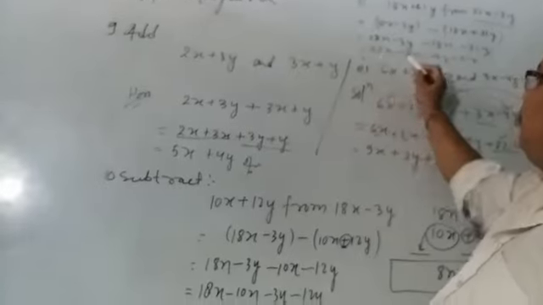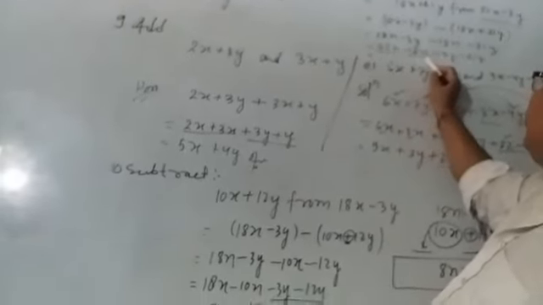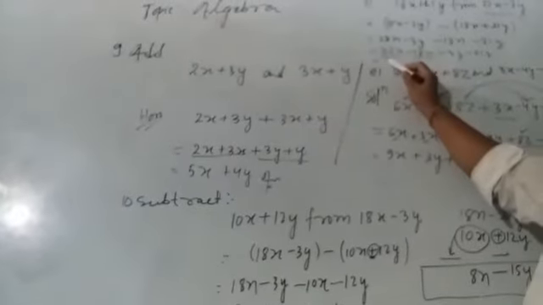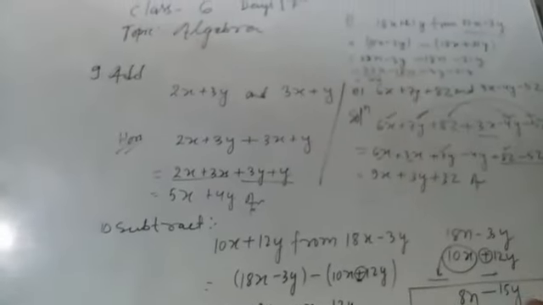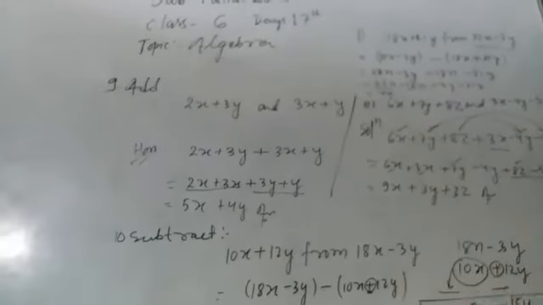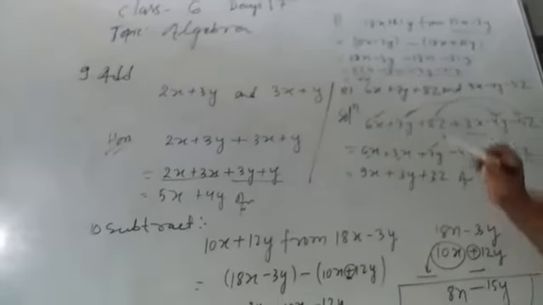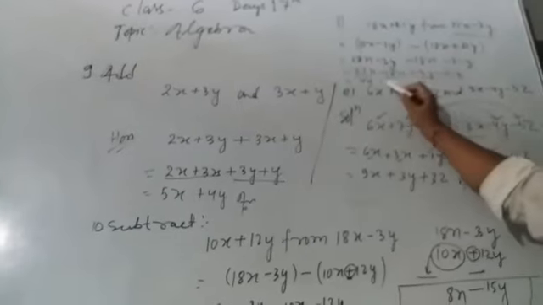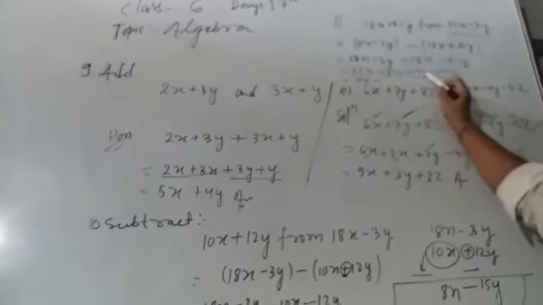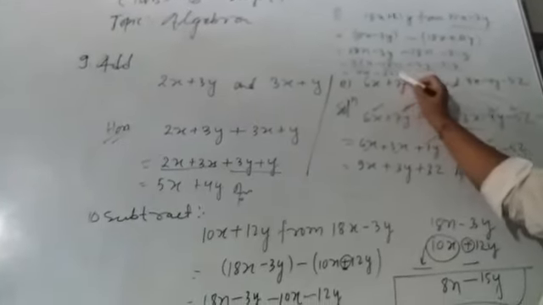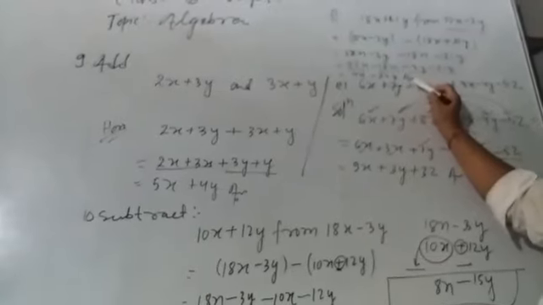And now one is positive and another is negative like term, so the difference is equal to 4x, that is positive because the positive sign is the greatest, and these two terms are like terms and the signs are the same, that's why they are added. 21 and 3, 24y, that is our right answer.